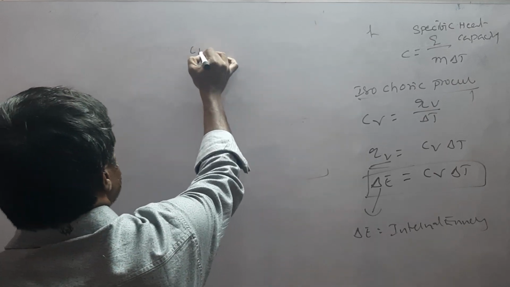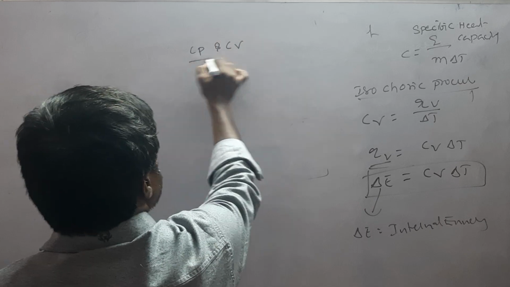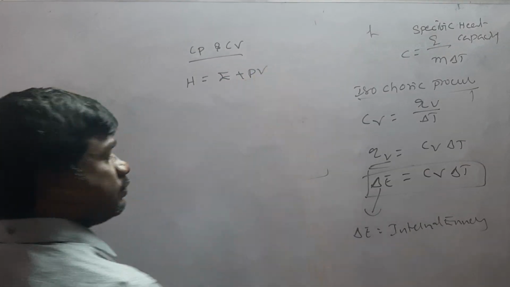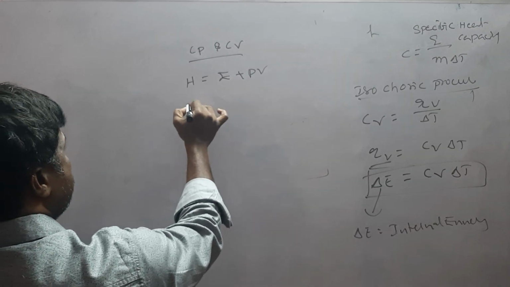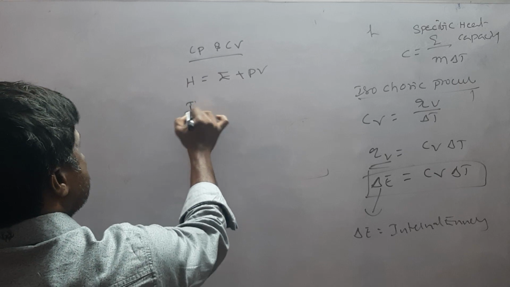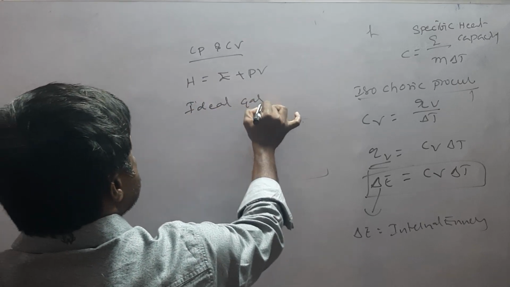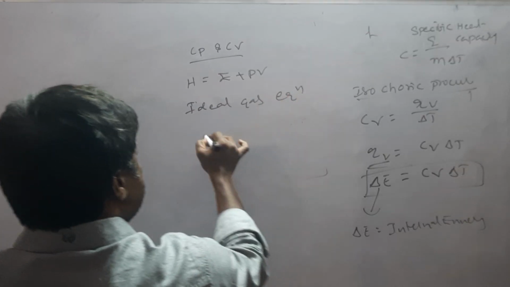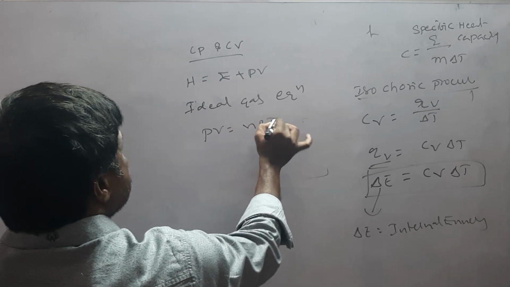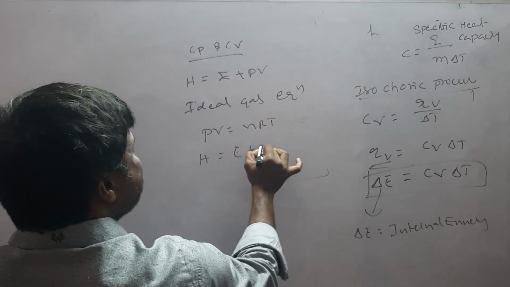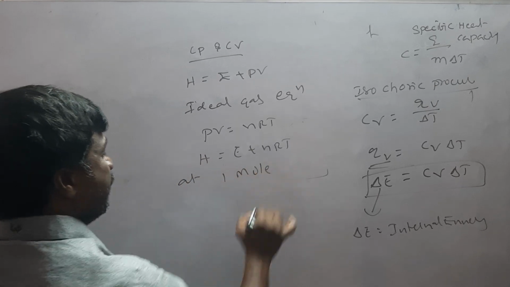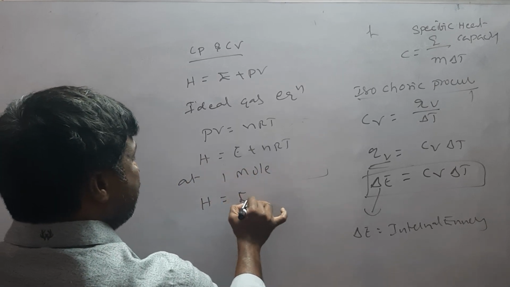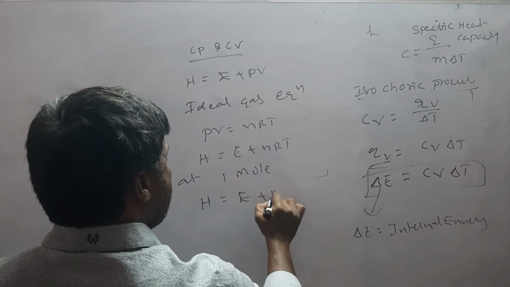What is the relationship between Cp and Cv? In this case, H equals E plus PV. This is the enthalpy formula. With the ideal gas equation PV equals nRT, H equals E plus nRT. For 1 mole, H equals E plus RT.